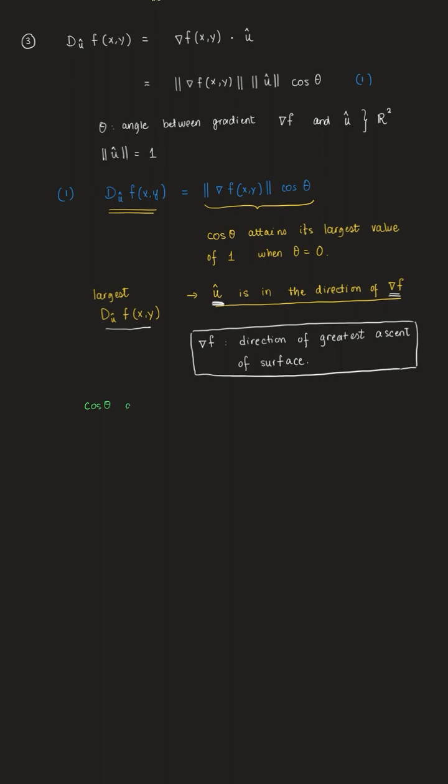Cosine theta attains its smallest value of -1 when theta is pi. In other words, when u is pointing in the opposite direction of the gradient.